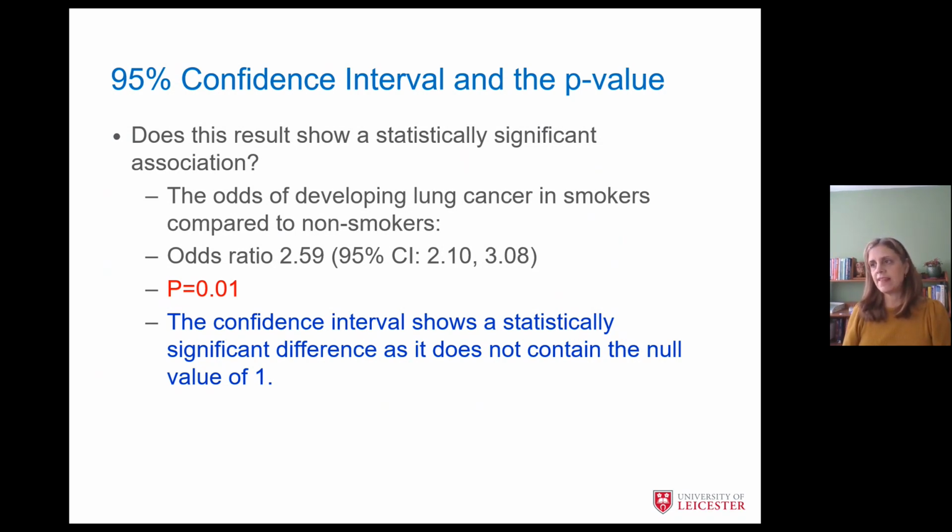So here we can see that the confidence interval shows a statistically significant difference, as it doesn't contain the null value of 1. We don't think 1 is a plausible value for the odds ratio. And the p-value agrees. This is less than 0.05, so it is also showing a statistically significant association between smoking and lung cancer.